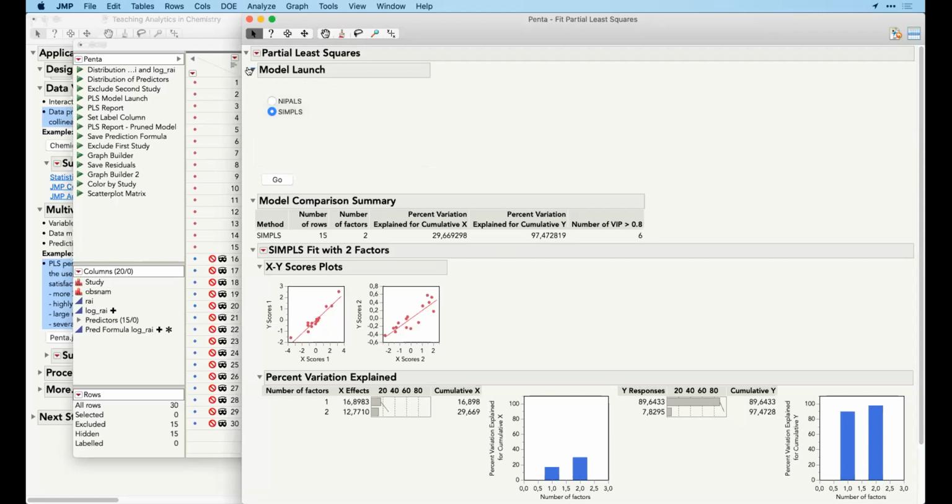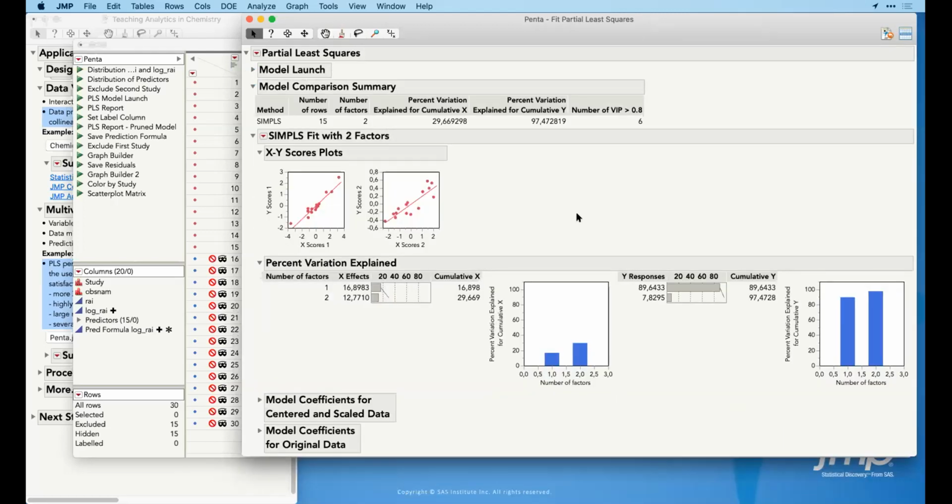And then it's quite easy to see. There's a lot of information, but it's quite interesting to see that these 2 factors explain almost 30% of our X's.